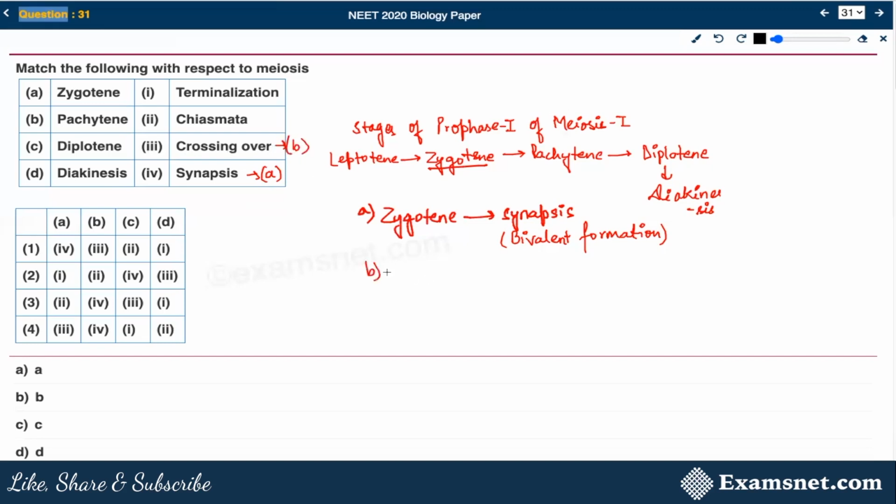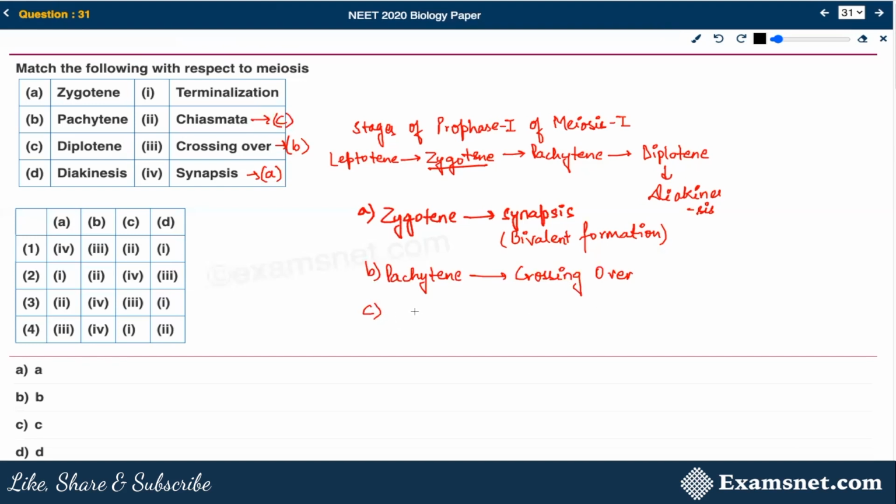So B, that means pachytene, is related to crossover. Crossing over is a phenomenon in which the exchange of genetic material takes place between two homologous chromosomes. One chromosome comes from the mother and the other comes from the father. Then the third option, which is C, diplotene, is related with chiasma formation. Chiasma is the product of crossing over.